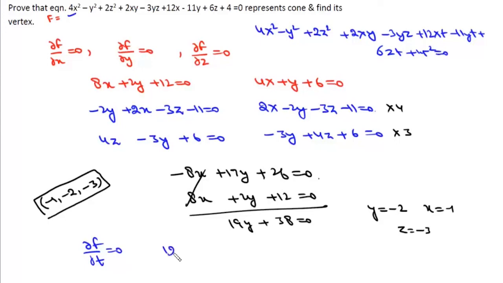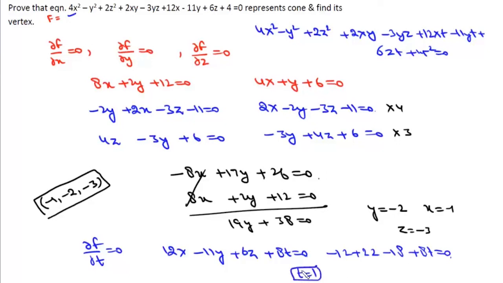We'll get 12x minus 11y plus 6z plus 8t equals 0. Now we put the value of x, y and z. We'll get minus 12 plus 22 minus 18 plus 8t equals 0. Now this is 8t equals 8 and value of t is 1. And when we have value of t as 1, we'll get the same equation. So this equation does represent the equation of a cone.